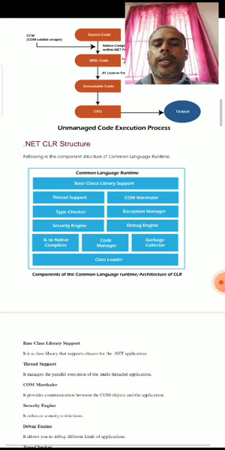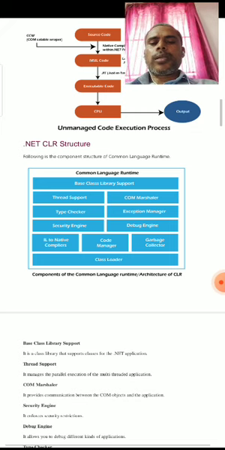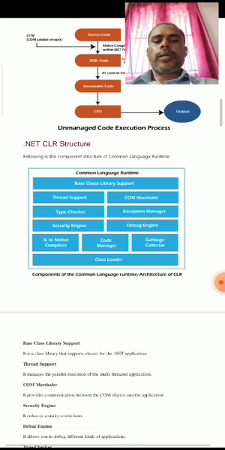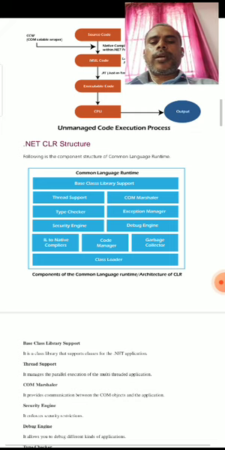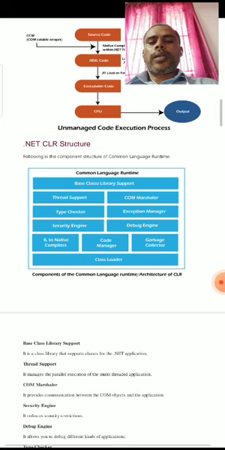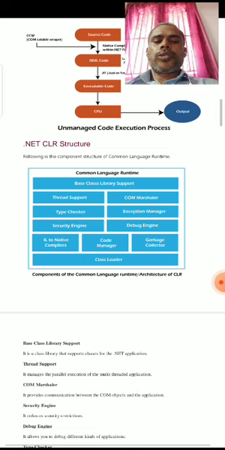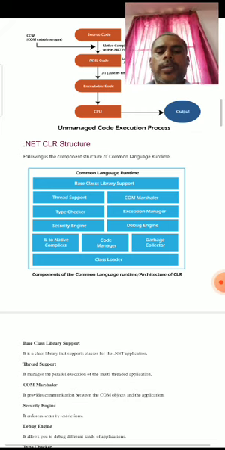The left layer consists of thread support, type checker and security engine, and the right layer consists of COM marshaller, exception manager, debug engine. The middle layer consists of IL to native compiler, then code manager, and then the right side consists of garbage collector. This is the general architecture of common language runtime system.